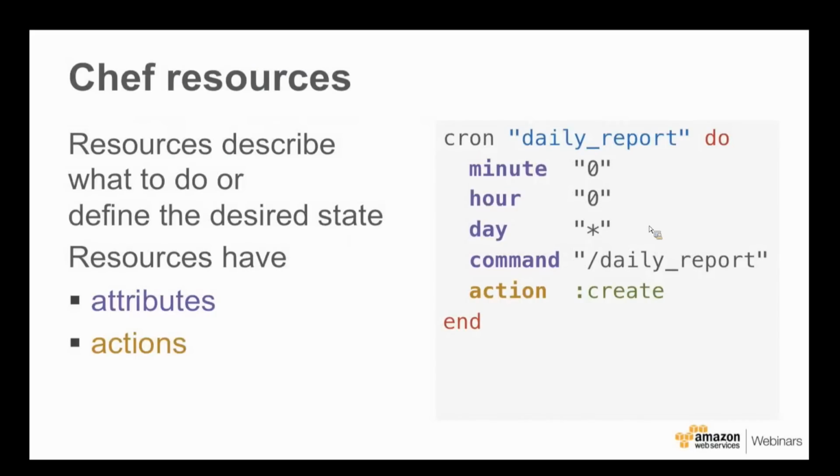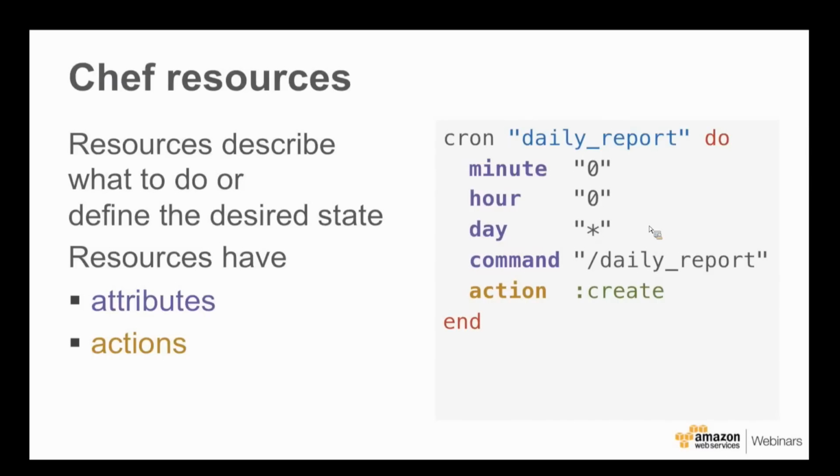So this would be an example for cron. Like all the resources, they share that they have attributes and actions. So you can specify details about that. On the right side, you see I will create a cron job that is called daily report. It should run at minute, hour, day, as you would describe in cron, that weird syntax everybody Googles all the time.